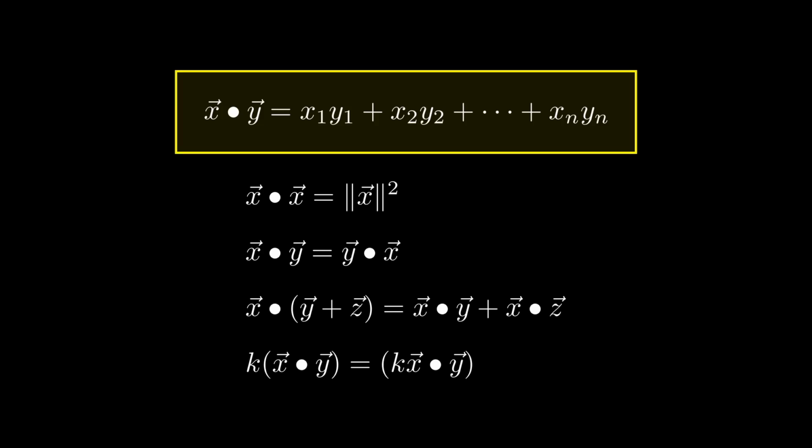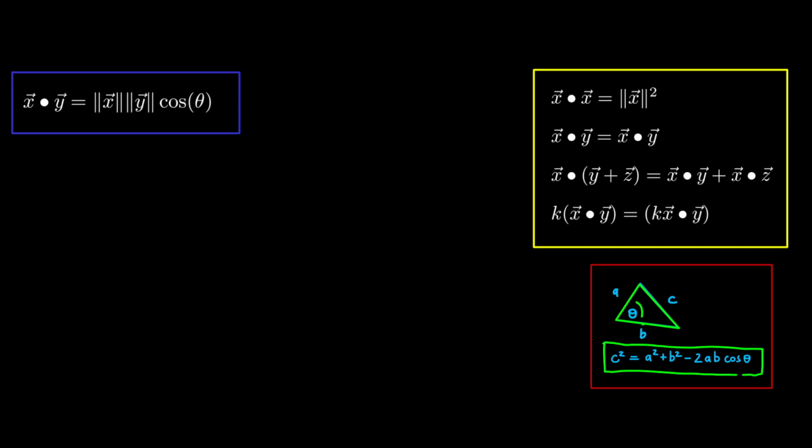Okay, now let's get back to that formula that I mentioned earlier. So I want to explain why this formula in the blue box is true, but I'm going to have to take something for granted, and that is the fact in the red box. So that's this fact here.